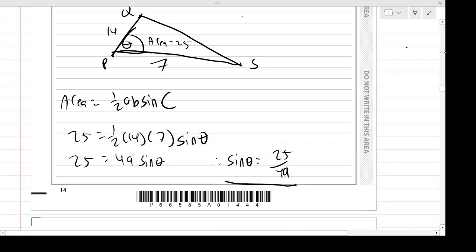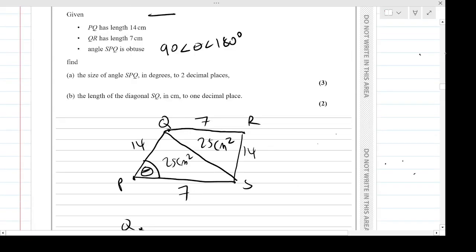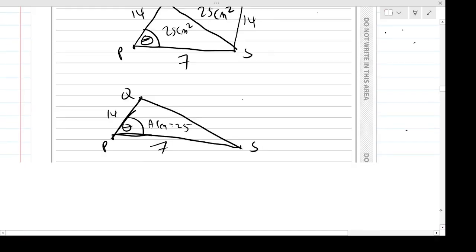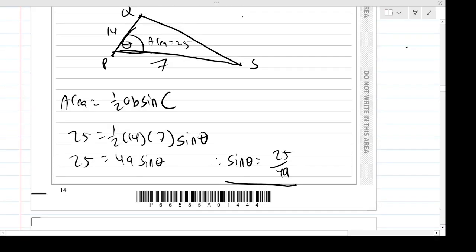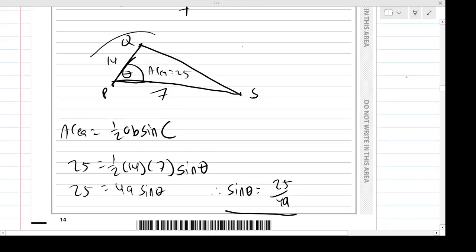That's obtuse. Great. Then it says part B, to work out the length of the diagonal SQ. So actually now if we look at this triangle we've got here, if I get rid of the area, we don't need it, but we know the angle now. This angle is 149.32 degrees, right?